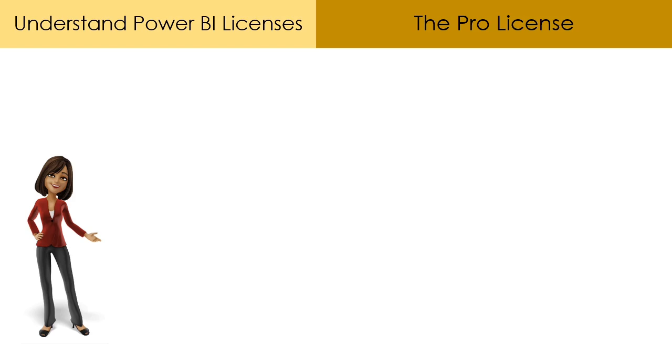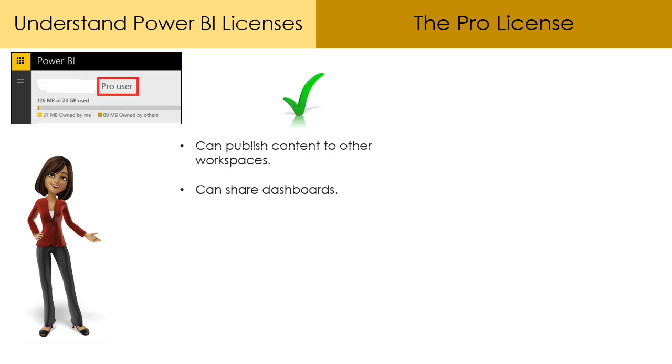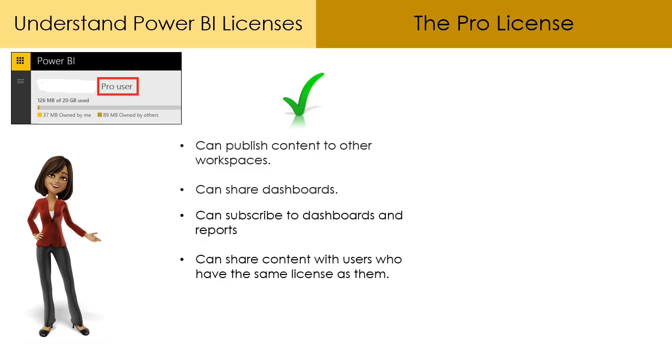The Power BI Pro license. Users with the Power BI Pro license can publish content to other workspaces and share dashboards. Additionally, Power BI Pro users can subscribe to dashboards and reports and share content with users who have the same license as them.